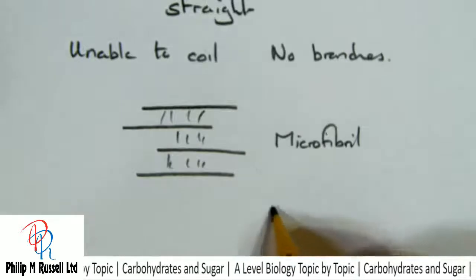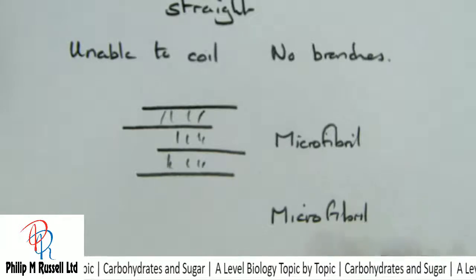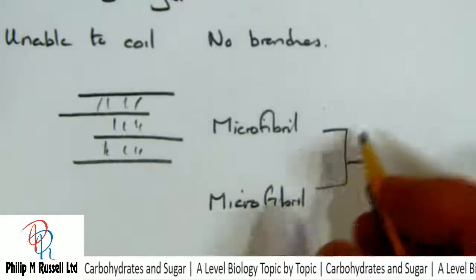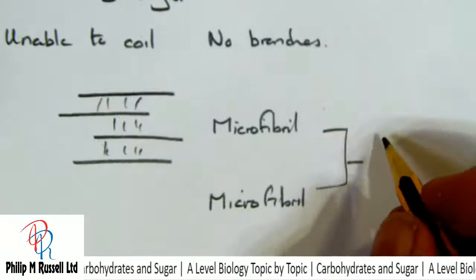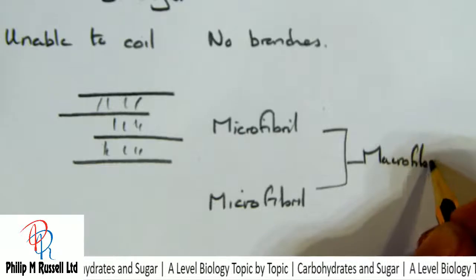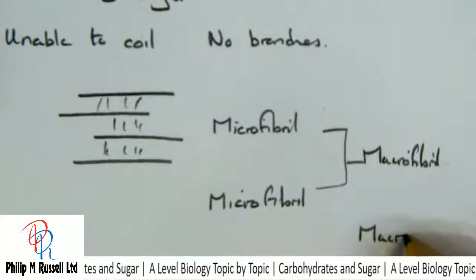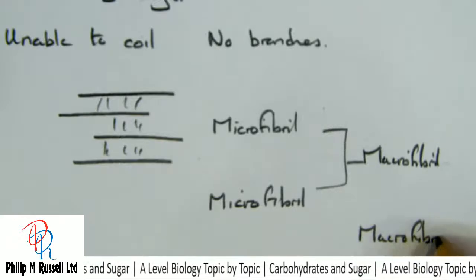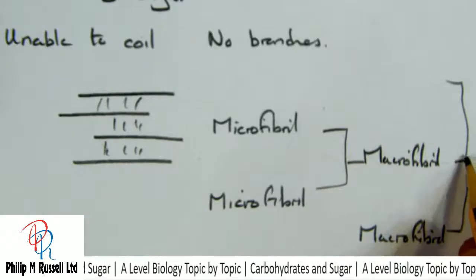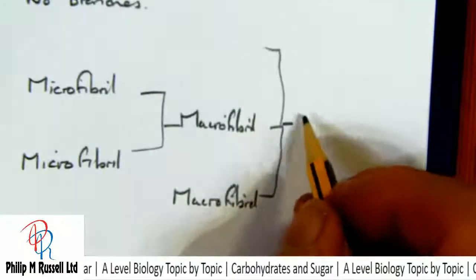Lots of these microfibril chains are going to be joined together, and they are going to make a macrofibril, and lots of macrofibrils are going to get together, and they are going to form here a cellulose fibre.